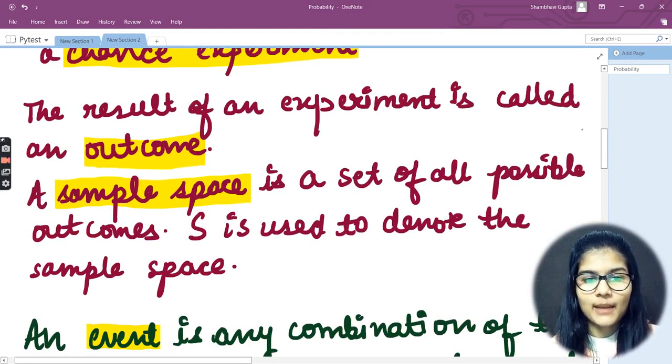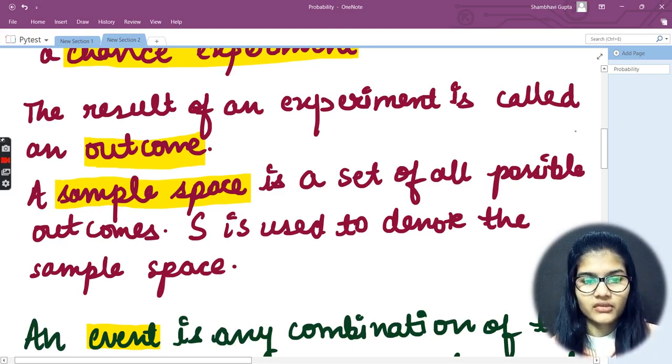What is a sample space? A sample space is a set of all possible outcomes. Whatever the possible outcomes are, it is a set of all of them. And how do you denote that? It is denoted using the capital S. So capital S is used to denote the sample space.